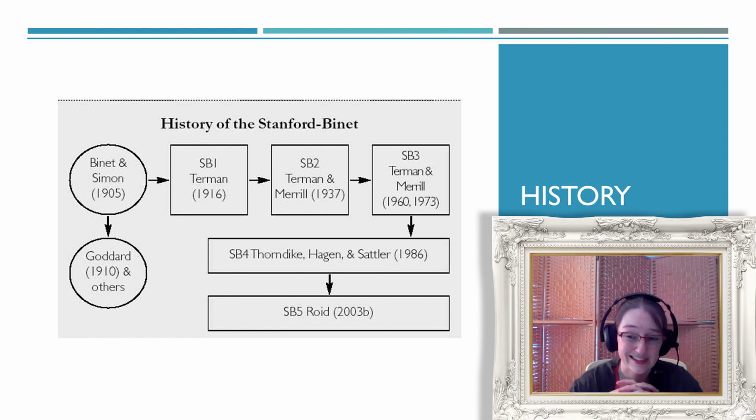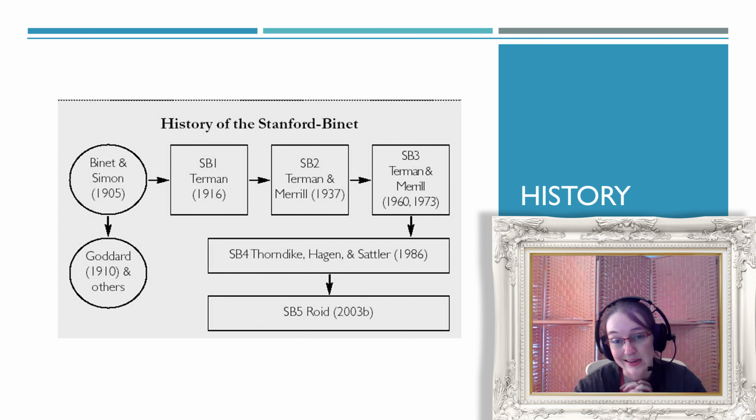Stanford Binet 2, 1937. I'm not going to go through all of these. In the book, they talk about the 1986 version, so the 4th edition. There are some changes, and I'm going to talk about those in a bit. But yeah, Stanford Binet 2 is 1937.